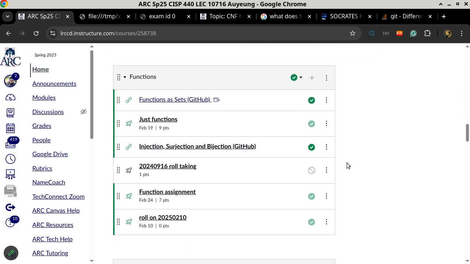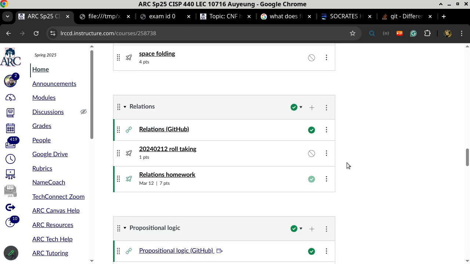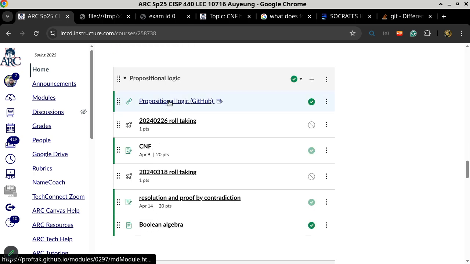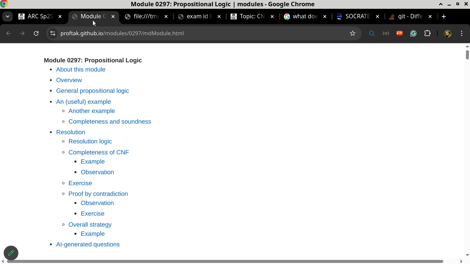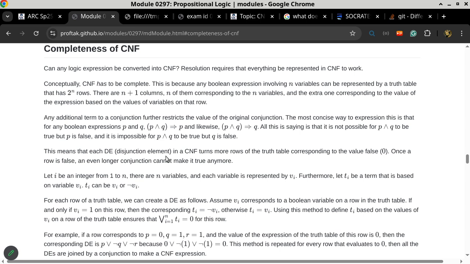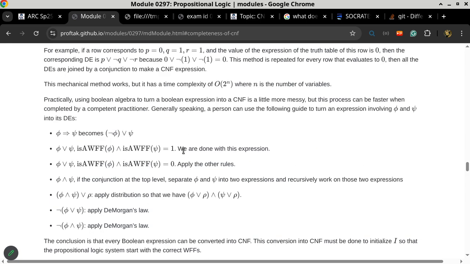Propositional logic. That whole module is a single module, so it has to be coming from here. In this module, right? Okay. Completeness of CNF. Okay. What about that? You mean this?